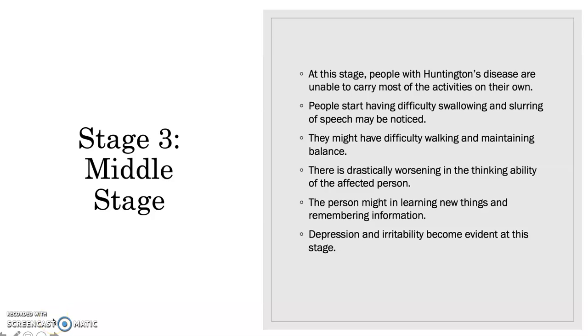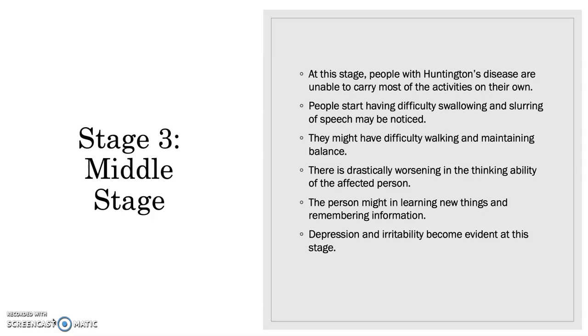Then we have the middle stage. At this stage, people with Huntington's are unable to carry out most of their activities on their own. Substantial help is needed from the people around in activities involving domestic and financial chores. People start experiencing difficulty in swallowing, and slurring of speech may be noticed.